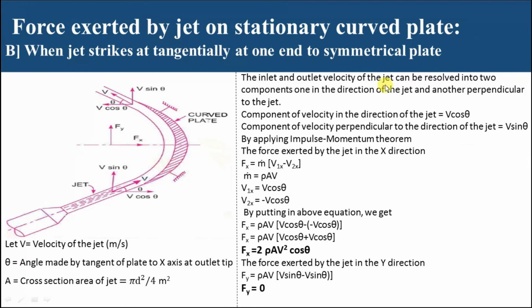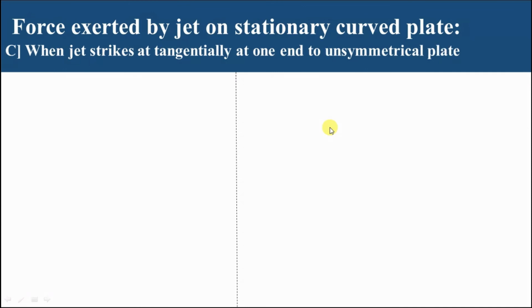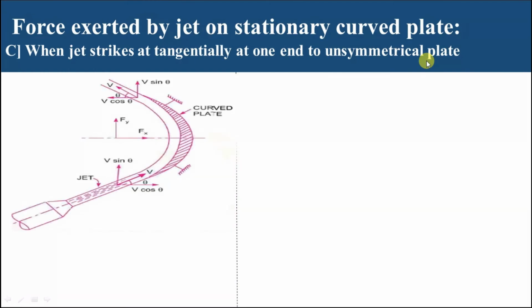Now we will see our third case, the case of an unsymmetrical plate. What will happen when the jet strikes the curved plate tangentially and the plate is unsymmetrical? We'll consider an unsymmetrical plate like this. In this case the outlet angle will be phi. It will not be theta, it will be some other angle phi.